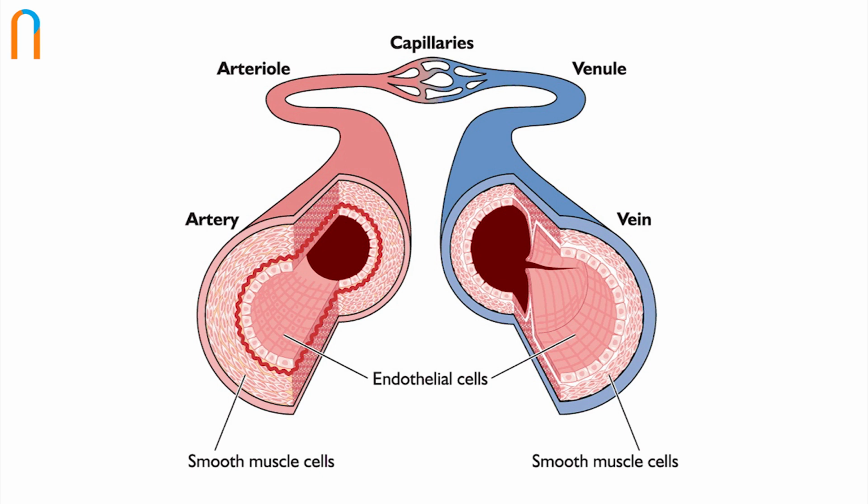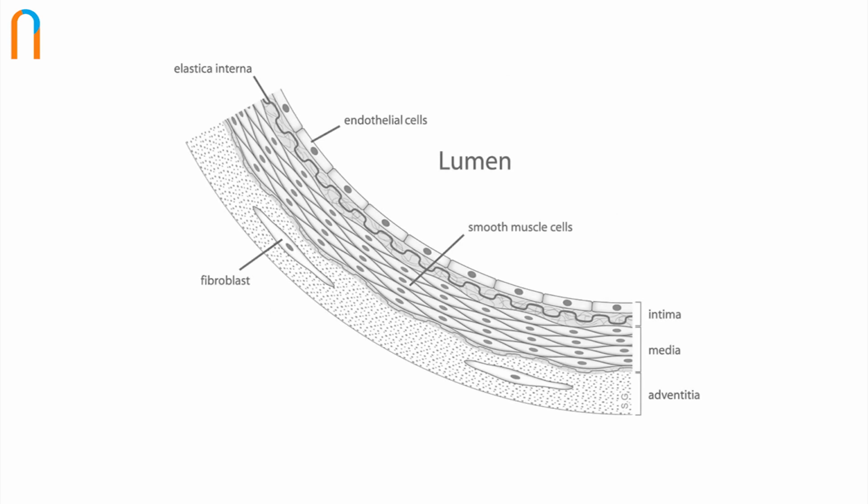For example, endothelial cell membranes contain specific enzymes that convert some circulating hormones from inactive to active forms. Endothelial cells are also intimately involved in producing substances that lead to blood clot formation and the stemming of bleeding in the event of tissue injury.